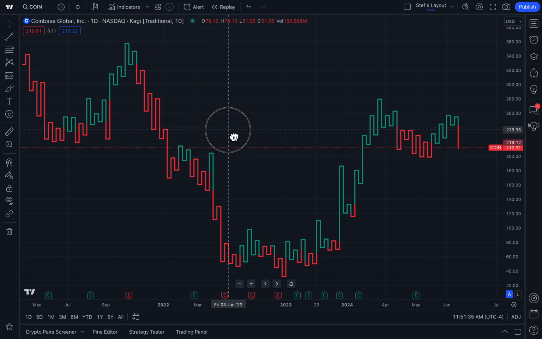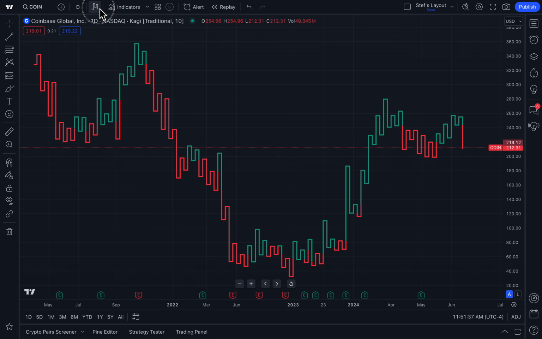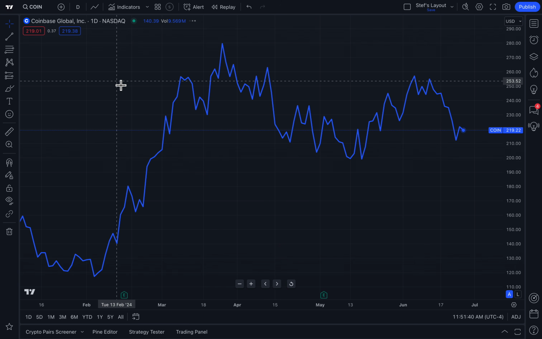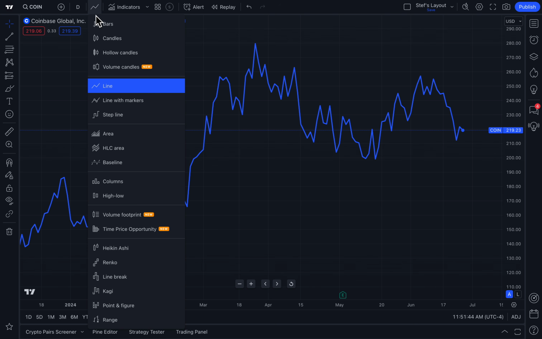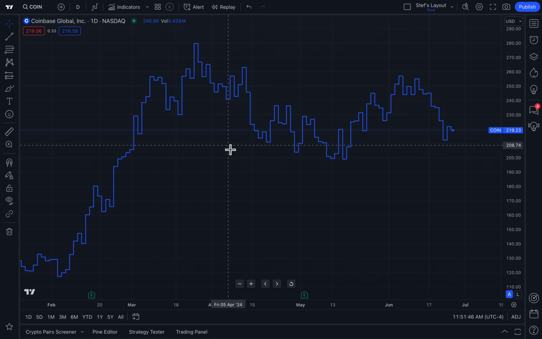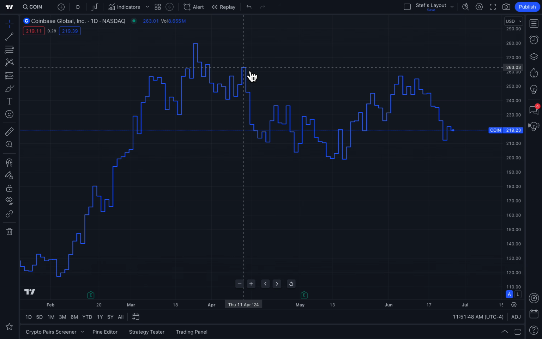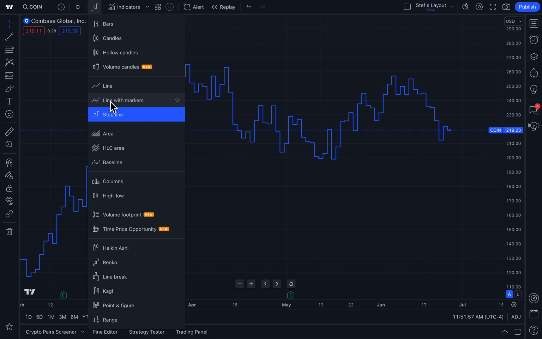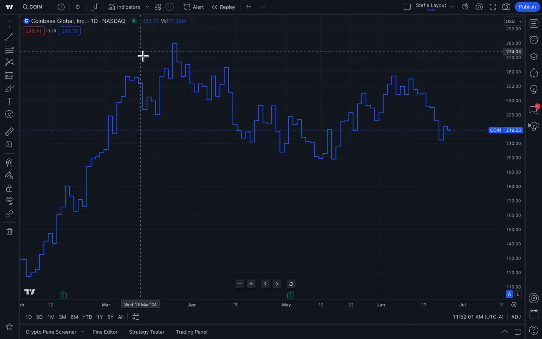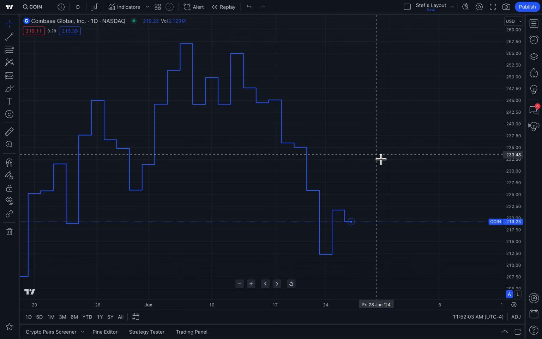Now, the first thing to know about a Kagi chart is that it is not like a line chart. It may look like a line chart because of the lines shown to you. Perhaps you may even think it looks like a step line chart because of the straight lines going side to side connecting each point. However, a Kagi chart is fundamentally different from a line chart, or a line with markers chart, or a step line chart, because these charts are being constructed based off of specific time intervals.